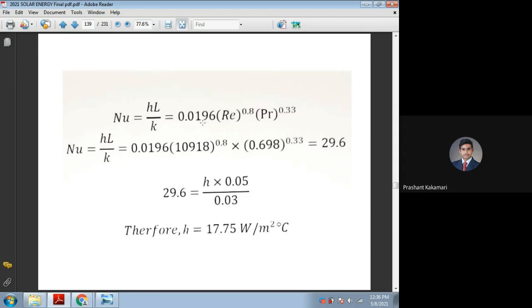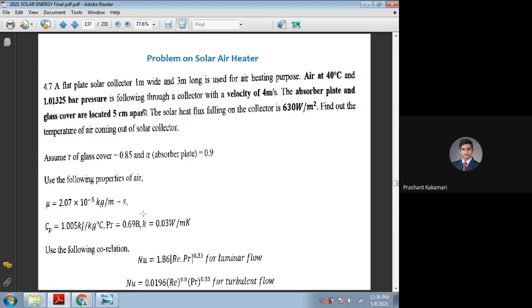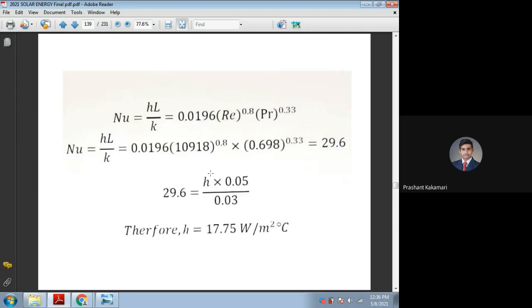In the correlations, they have mentioned Reynolds number as well as Prandtl number. So I can use that Reynolds number 10,918 raised to 0.8, and Prandtl number given in the problem, 0.698, which is a dimensionless number. Using these correlations, now the Nusselt number is 29.6.